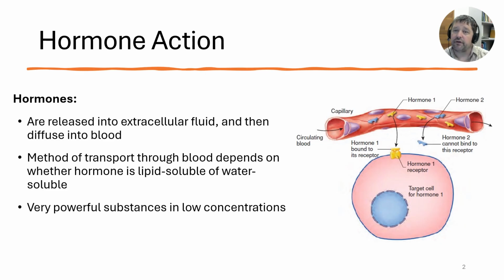Okay? A couple things just about hormones in general. In very low concentrations, they can be very powerful substances. The other thing about hormones that makes them different than nerves, of course, nerves travel through action potentials. This is a different way of communication, a different way of sensory.